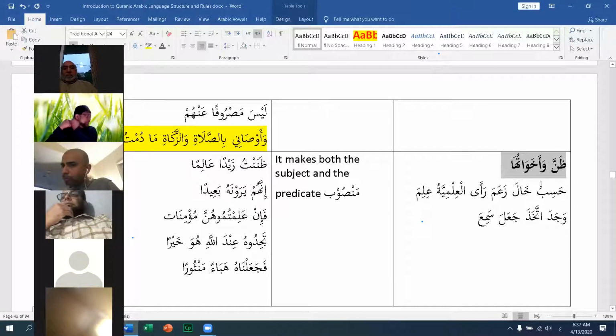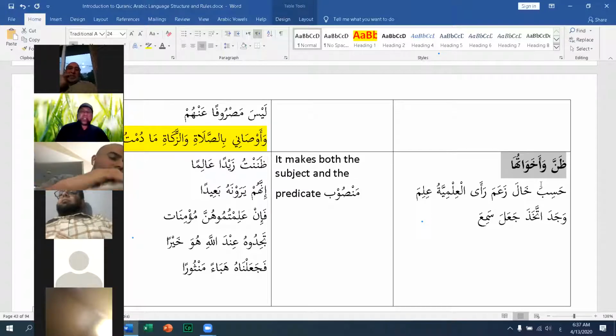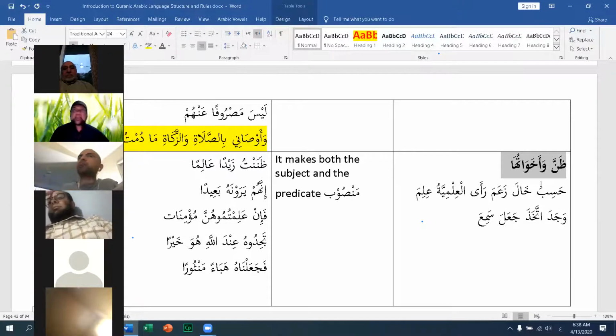Zanna means to assume. To make an assumption. For example, I'll give you in English so you understand the meaning of what we're talking about. For example, let's say you saw a guy and he dressed real shabby, but he's very wealthy.